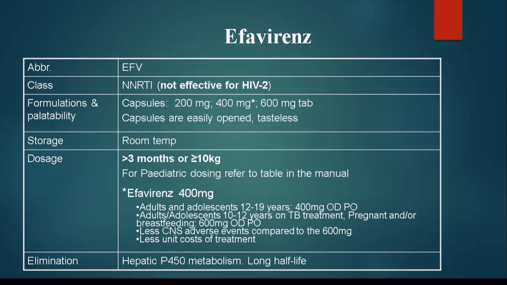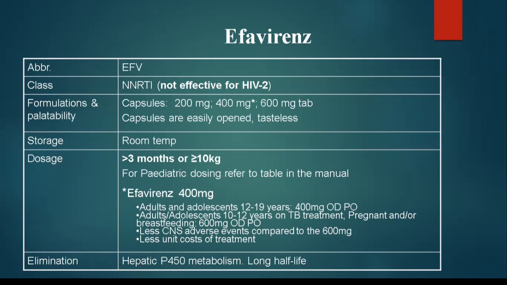So under efavirenz, you'll find that it can be given at 14 milligrams per day, OD, once a day. So in adults and adolescents between 12 to 19 years, we can give 400 milligrams OD per oral. And then for adults and adolescents between 10 to 12 years on TB treatment, or pregnant and or breastfeeding women, we can give 600 milligrams OD per oral.